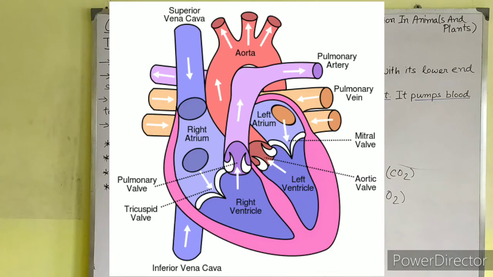Next you can see the aortic valve. The aortic valve is present between the aorta and the left ventricle, and the pulmonary valve is present in between the pulmonary artery and the right ventricle.